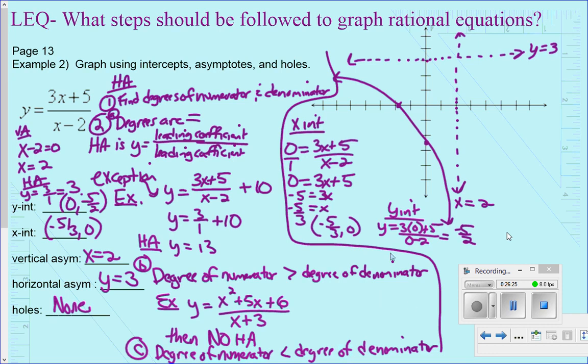I am going to label the important points. So we have 0, negative 5/2, and we have negative 5/3, 0. And now we need the other half. We need the top part of that hyperbola.